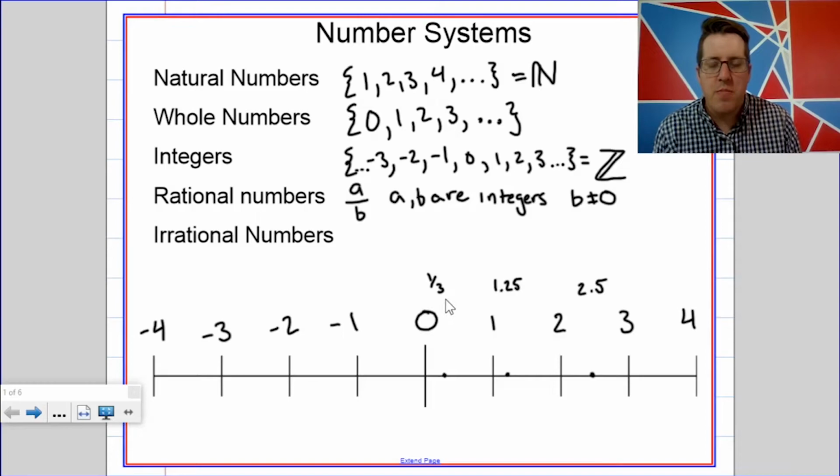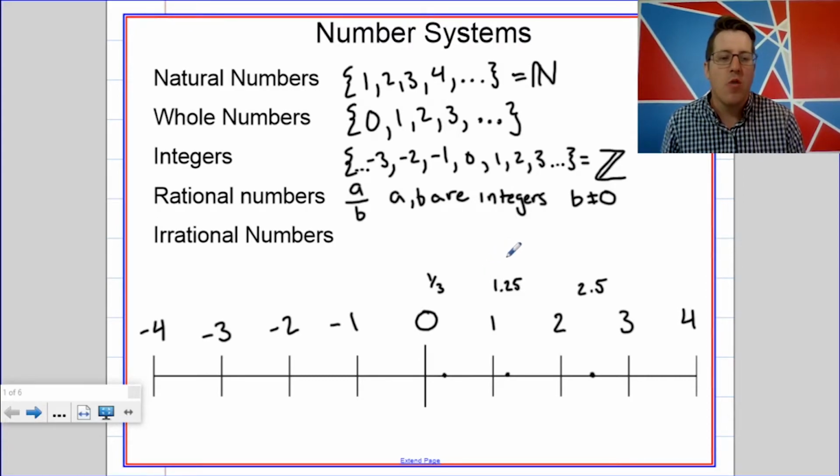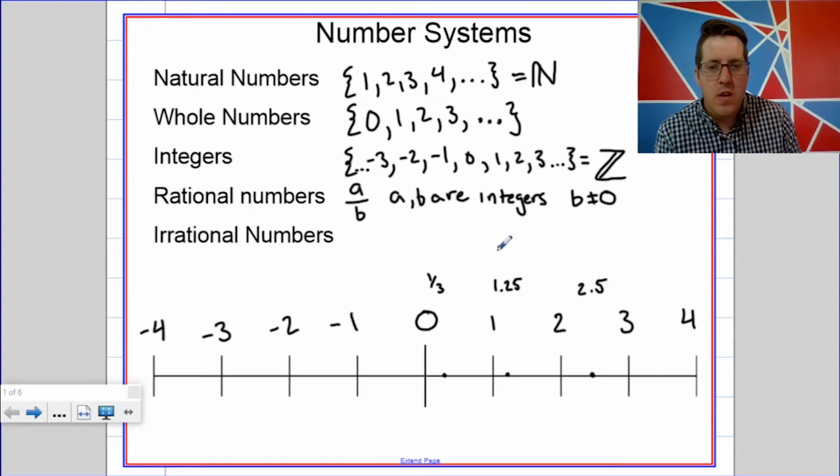A rational number is a fraction of 2 integers. Now, you can't put a 0 in the denominator, but anything that can be represented as a fraction of 2 integers is a rational number. So 5/4 or 5/2. But other numbers count for that as well. So 4/1 also counts as a rational number.